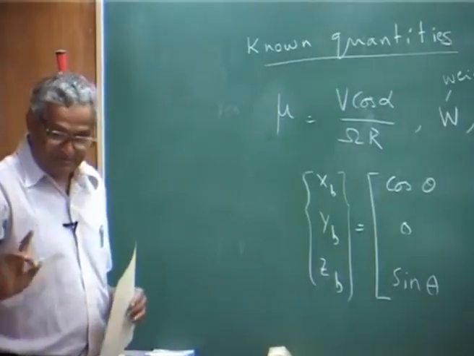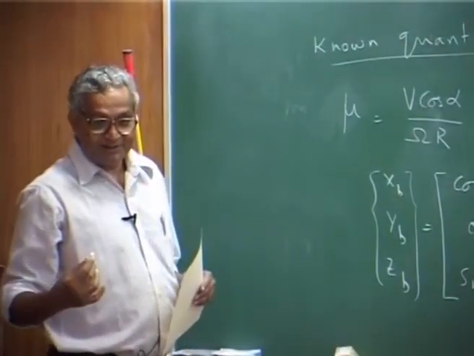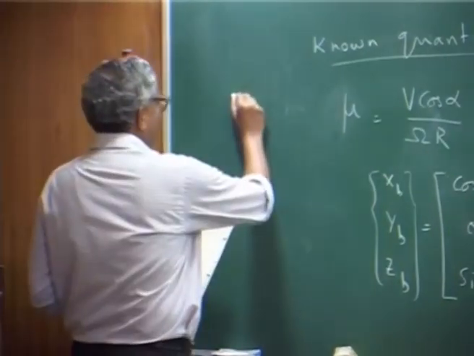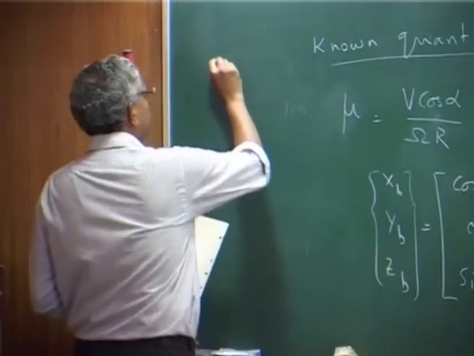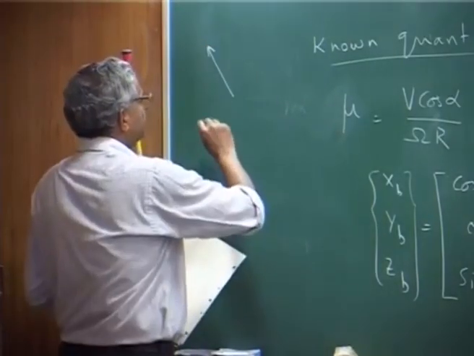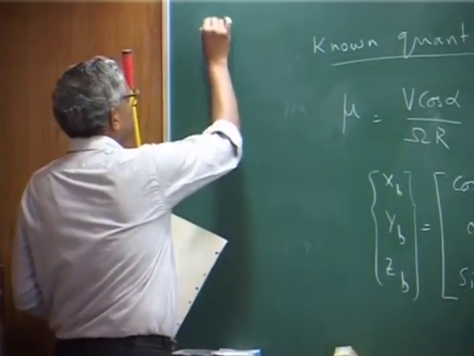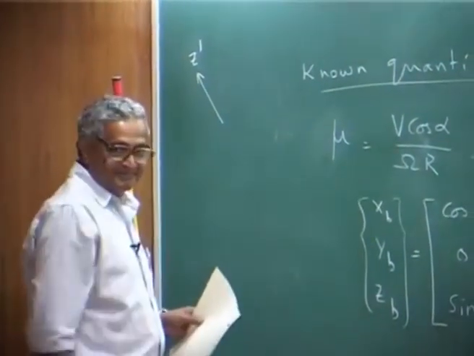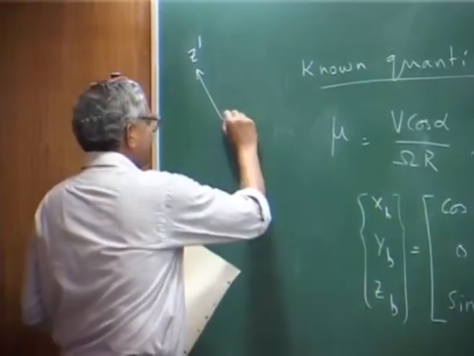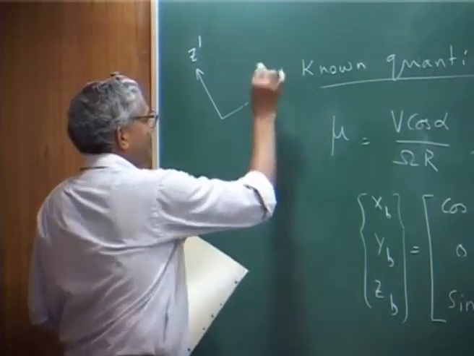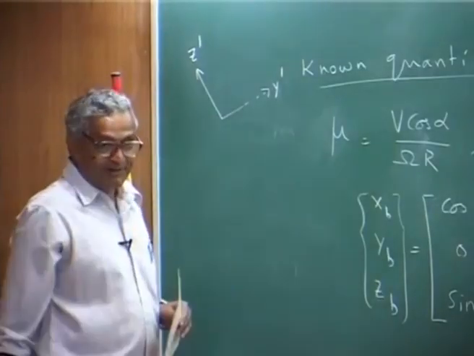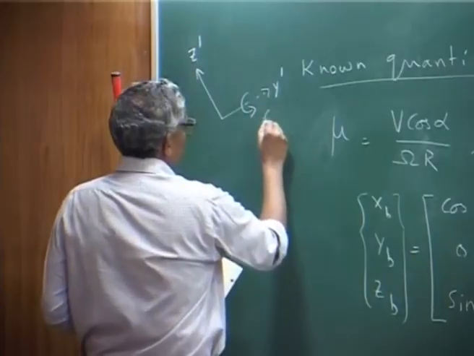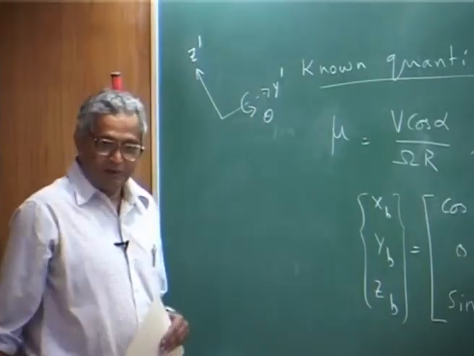Now you are in the prime system. You are giving a rotation about y prime. Okay. So you will have, this is my z prime and x prime is here. This is actually my y prime, x prime is coming out of the board. You are giving a rotation about y prime.